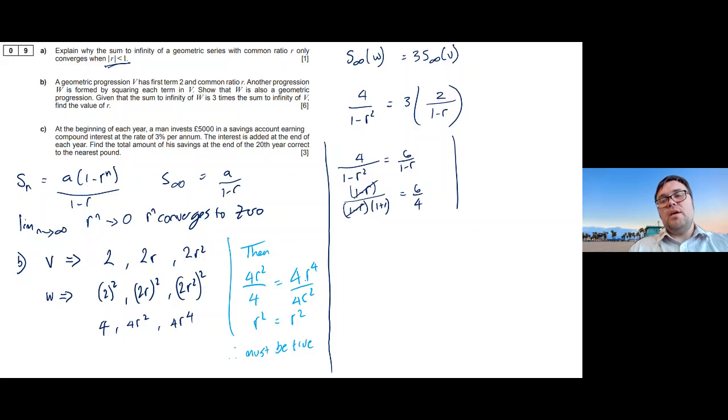So I've just brought that up. And I would say that 4 over 6 equals 1 plus r. Moving r over, then you would have 4 over 6 minus 1, which is minus 2/6, or minus 1/3.